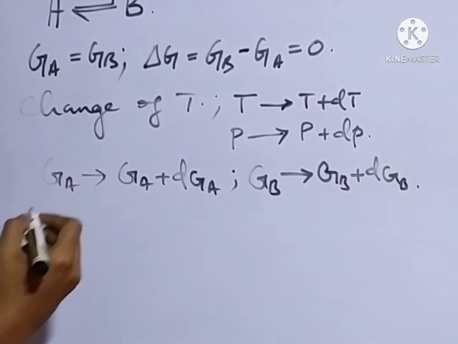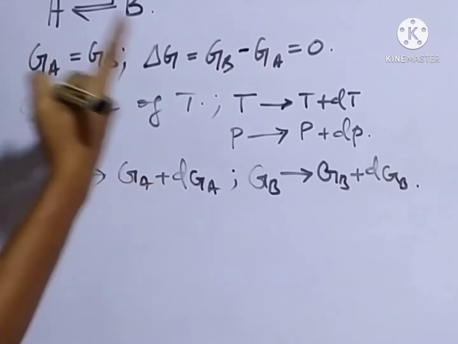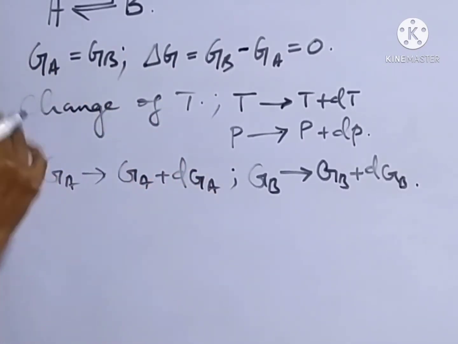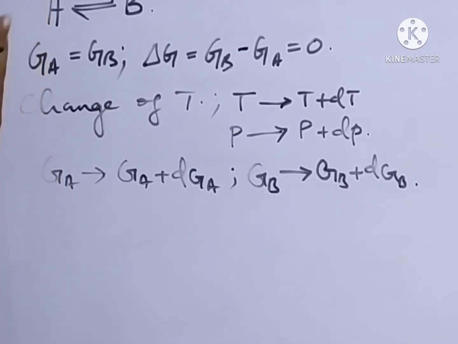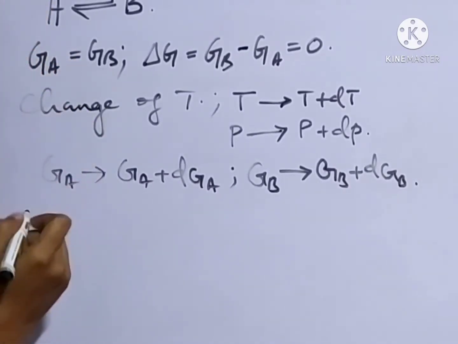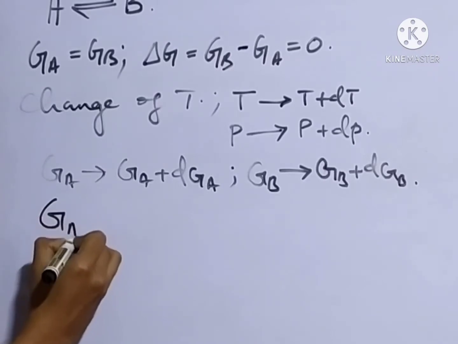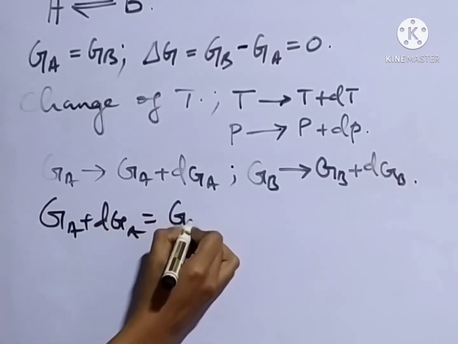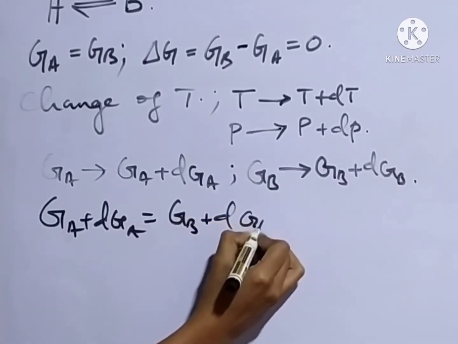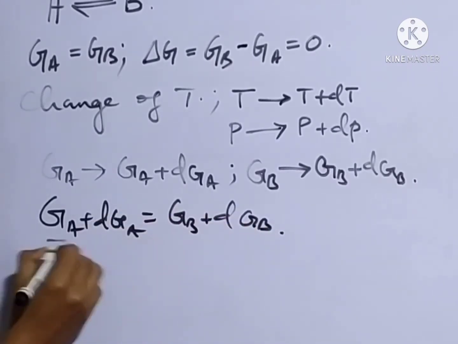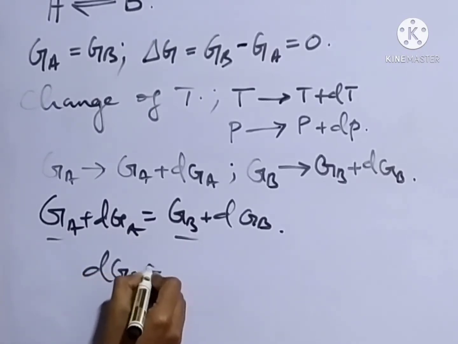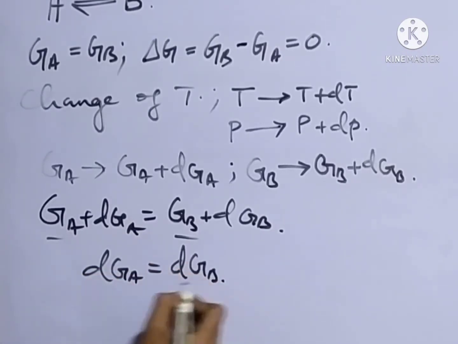In this new equilibrium, the newly arranged Gibbs free energies of states A and B are equal. That means GA plus dGA equals GB plus dGB. Since GA equals GB, we can write dGA equals dGB.